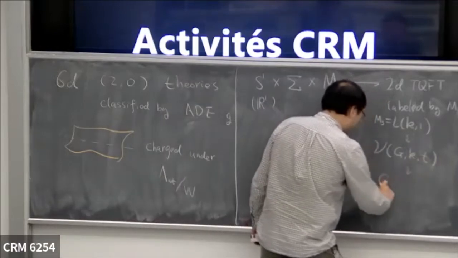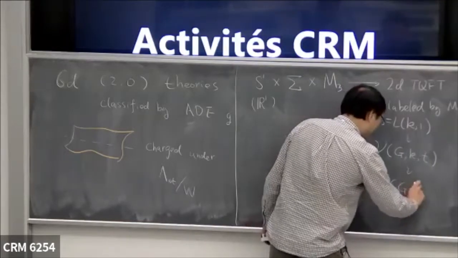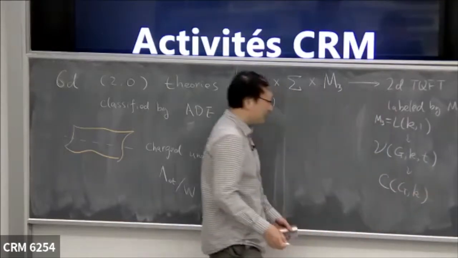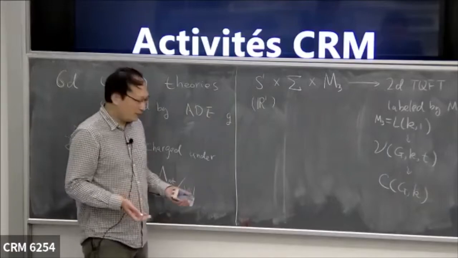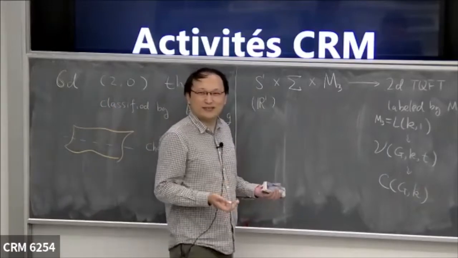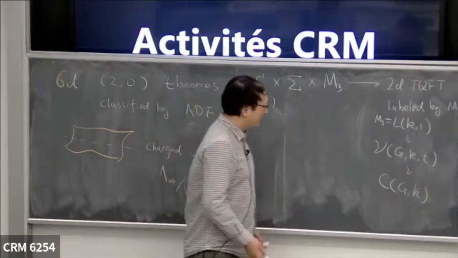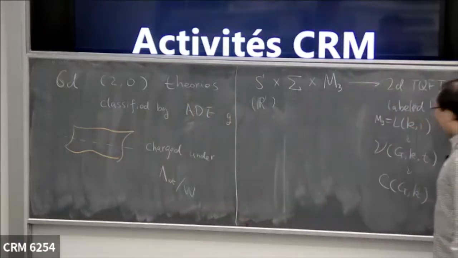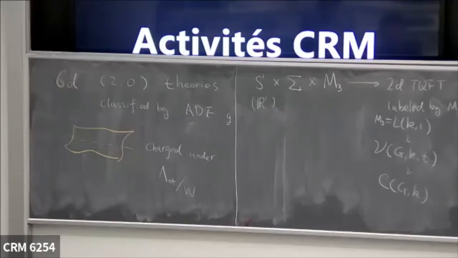One categorifies this into some category that's supposed to be describing the category of line operators in some 3D N=2 theory. But in this setup, you can ask a different type of question. So here we have specialized M3 to be a lens space. What happens if I take a more general 3-manifold?